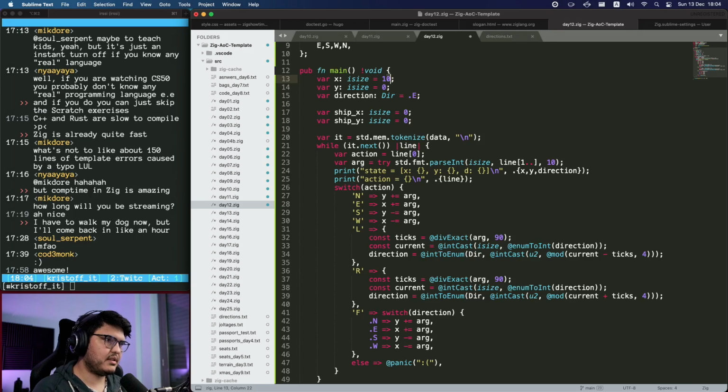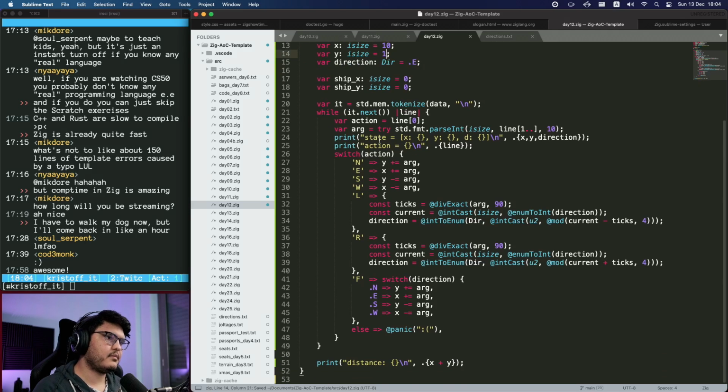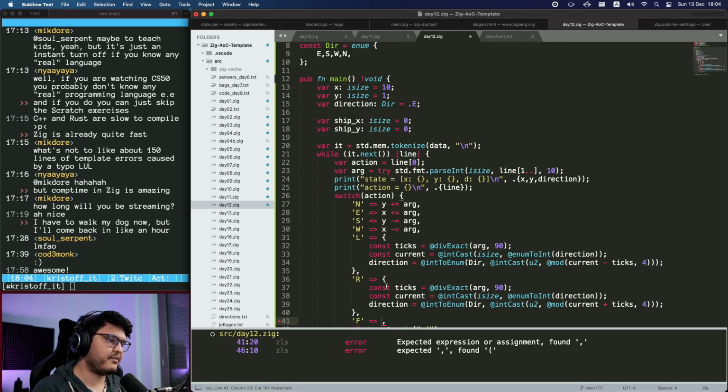So it's 10 and 1. These things keep modifying that as before. Yes. But now F is doing something different. We need to rewrite F completely.